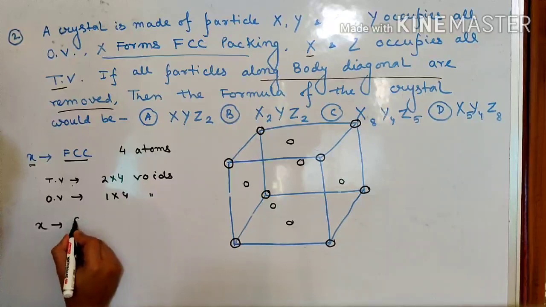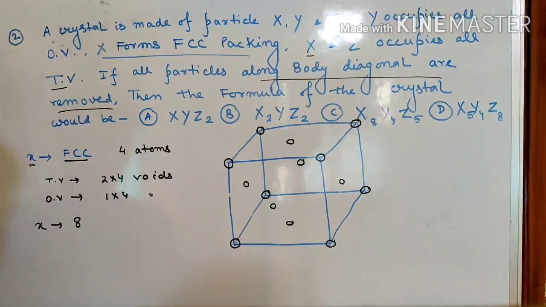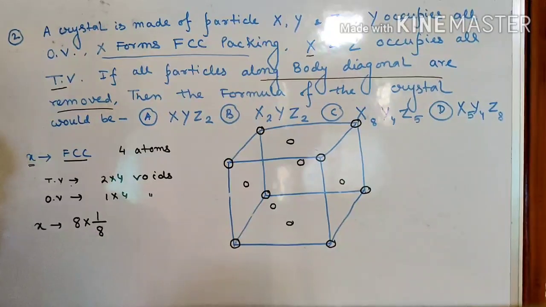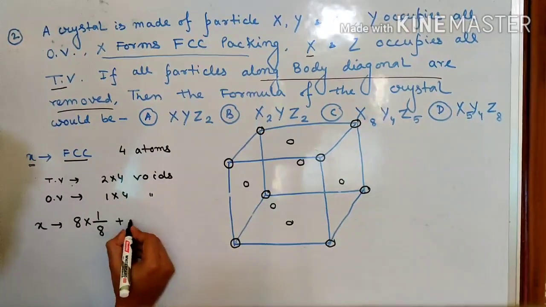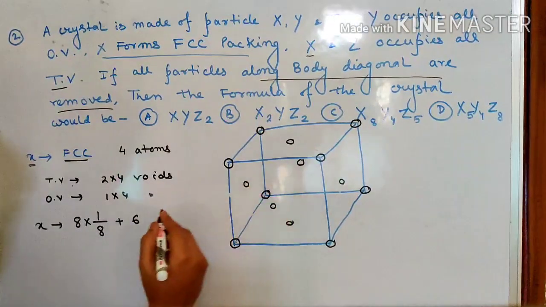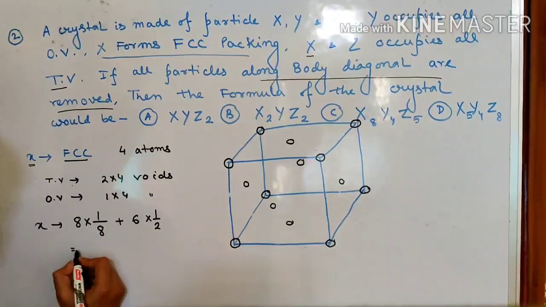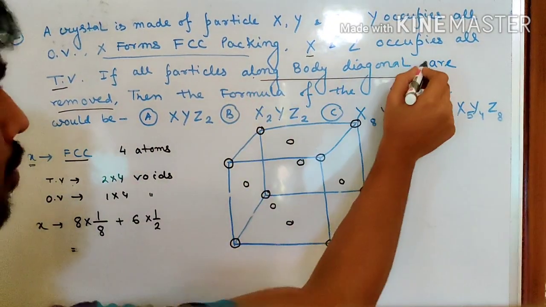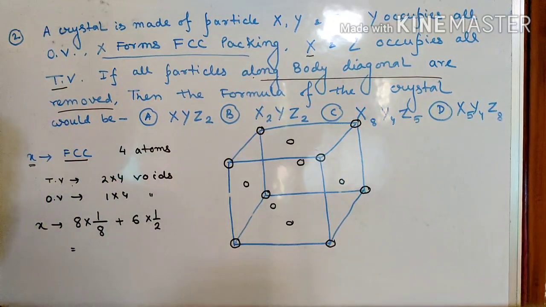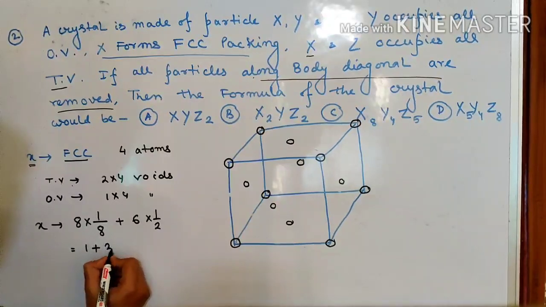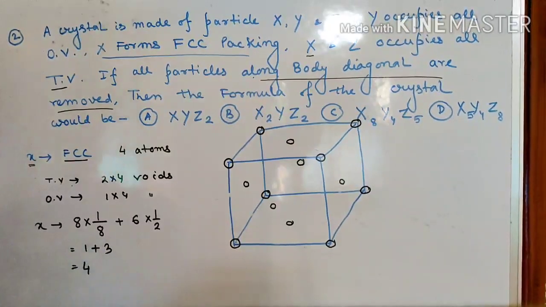Remember, there are 8 atoms at the corners, each contributes 1 by 8, and there are 6 atoms at face centers, and each will contribute half. So before removal of the body diagonal, the number of X atoms will be 1 plus 3 equal to 4.